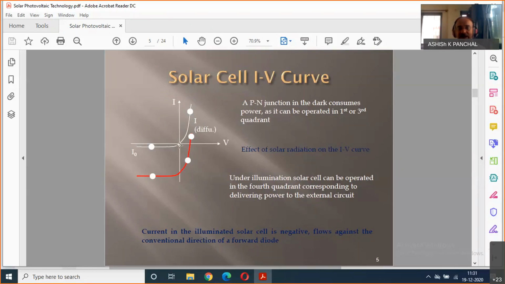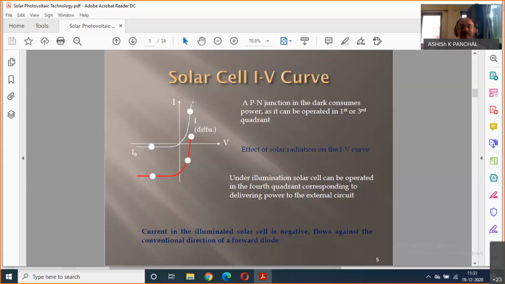When you reverse the connection, what will happen? Very small current, which ideally is of the order of 10 to the power minus 5, so almost 0. So the characteristic is like that. In the forward direction the current is large, for a very well known reason. This current is known as diffusion current, right?